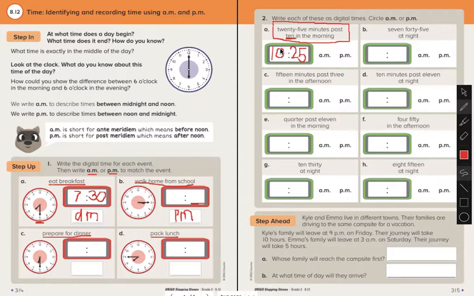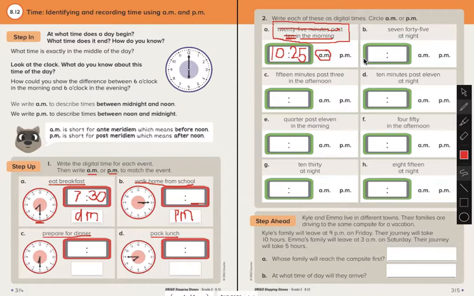It sure did. Where did it tell us? We have the 25 minutes past, I'm going to cross that out because we already figured it out. We have the 10. Now, in the morning. That is the clue telling us it's AM. So 25 minutes past 10 in the morning is the same as 10:25 AM. Let's do B together too.